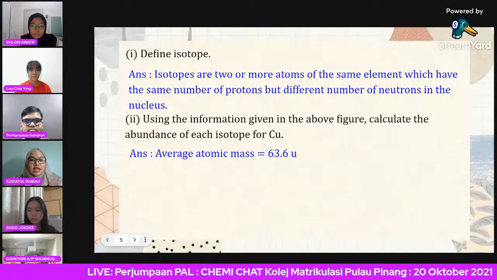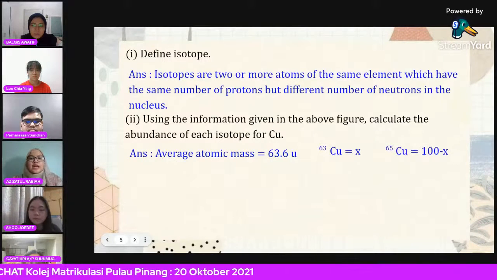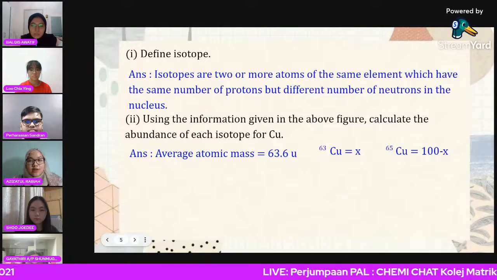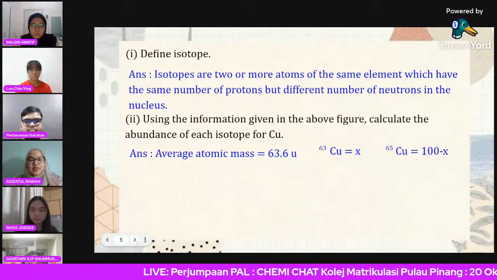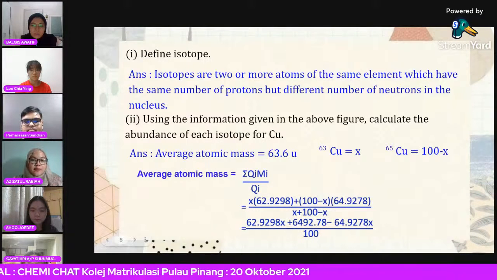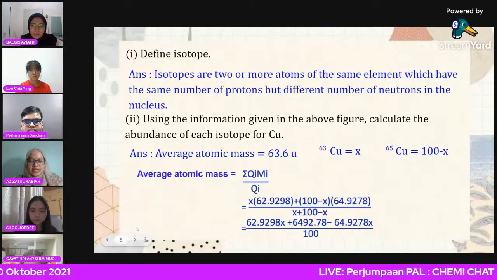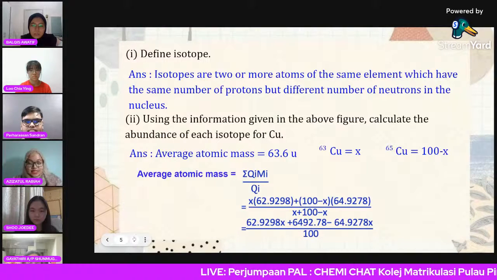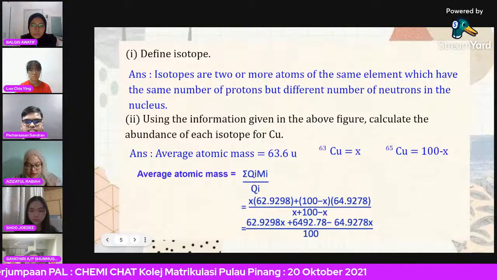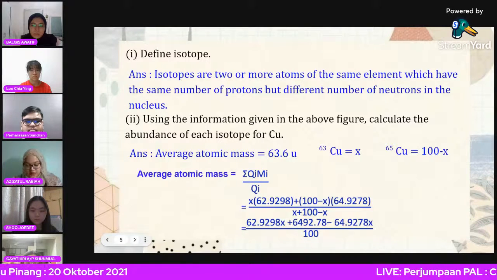So first we find the average atomic mass is equal to 63.6 U. Then because we want to calculate the abundance of each isotope, we assume that copper 63 is equal to X, while copper 65 is equal to 100 minus X. Then we use the formula of average atomic mass is equal to total of Qi times Mi divided by total of Qi, where Qi stands for relative abundance or percentage abundance of an isotope of the element, depending on the question, while Mi is equal to the isotopic mass of the isotope of the element.